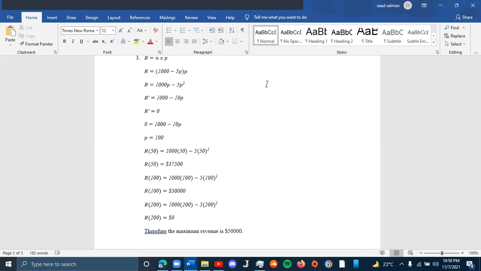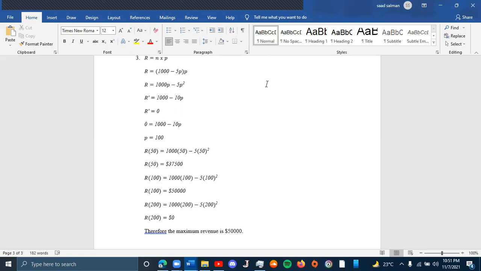Now we'll substitute 50 into the equation, which will give us R of 50 equals 1000 multiplied by 50 minus 5 multiplied by 50 squared, which will give us 37,500. Now we'll substitute R of 100, which will give us 1000 multiplied by 100 minus 5 multiplied by 100 squared, which will give us $50,000.